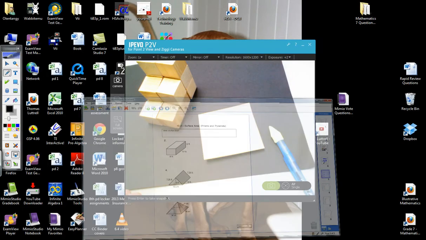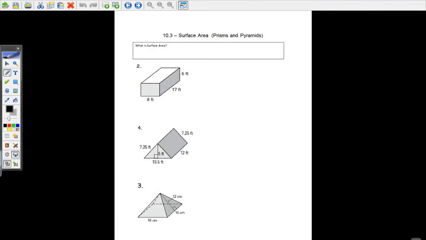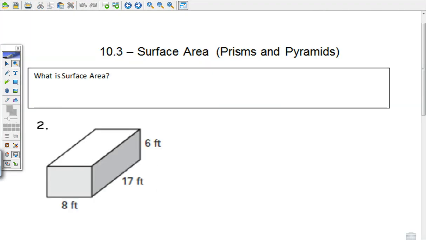Now, if you can look at your notes, we'll go over a little bit more specifically about certain kinds of shapes. The first thing we're going to talk about is, what is surface area? Just a definition for it. Surface area represents the total area of all of the faces of any 3D shape.